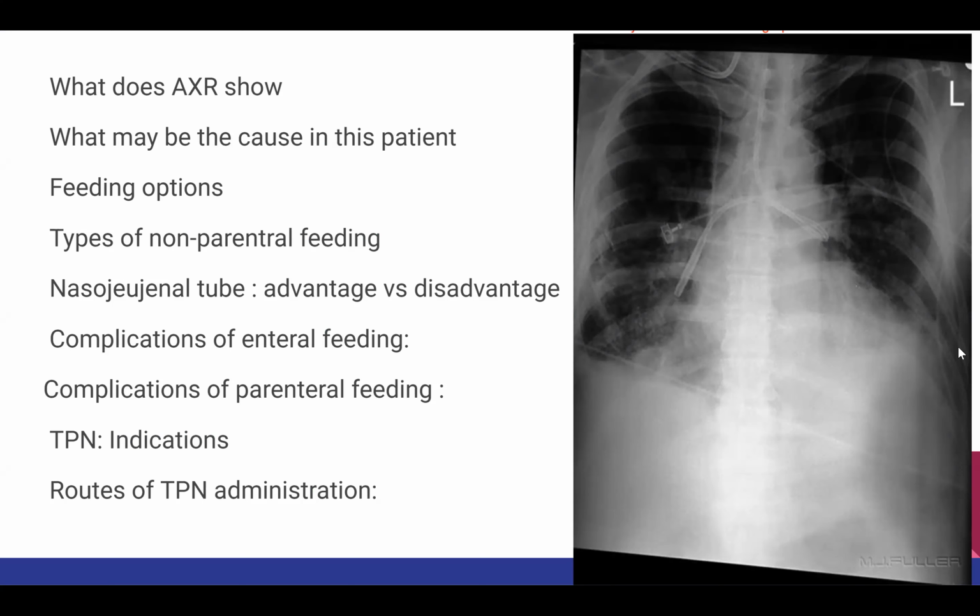Just tell me what abnormality you can appreciate in this X-ray. It looks like there is a gastric feeding tube which has coiled and is shown in the X-ray. So what may be the cause of this in this patient?